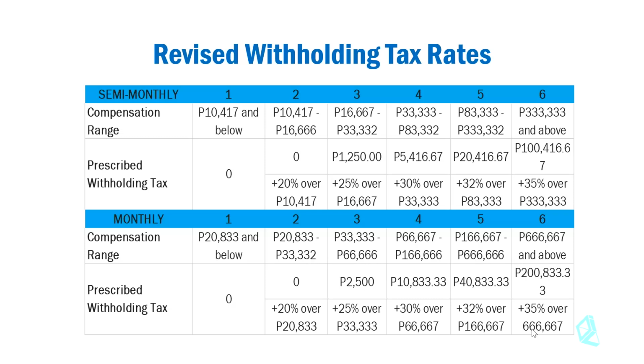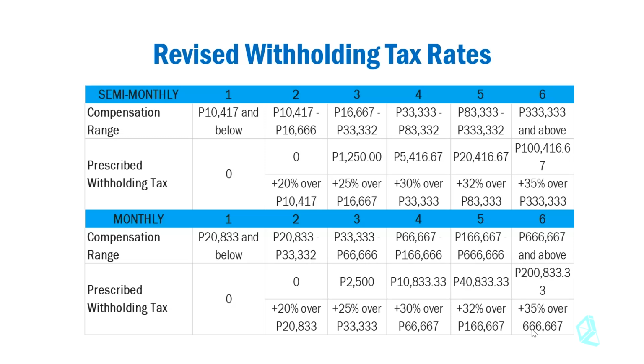So the first 20,833 will be subject to zero taxes. I repeat, the first 20,833 will be subject to a zero tax. But in excess of 20,833, you have to tax 20% or withhold 20%.